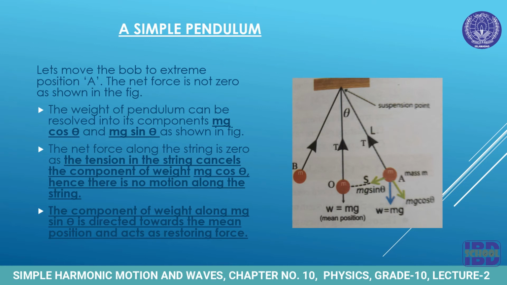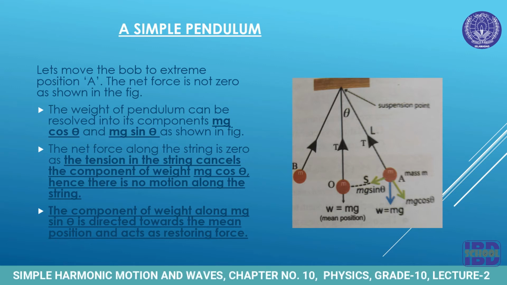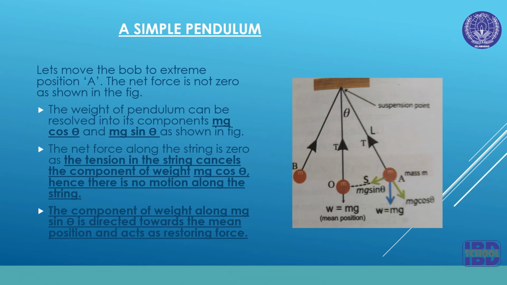It is the x component of weight, and it is directed along the string. That's why both are the same in magnitude, opposite in direction, and they cancel each other's effect, and the net force along this x component is 0. So the body will not move along the string.